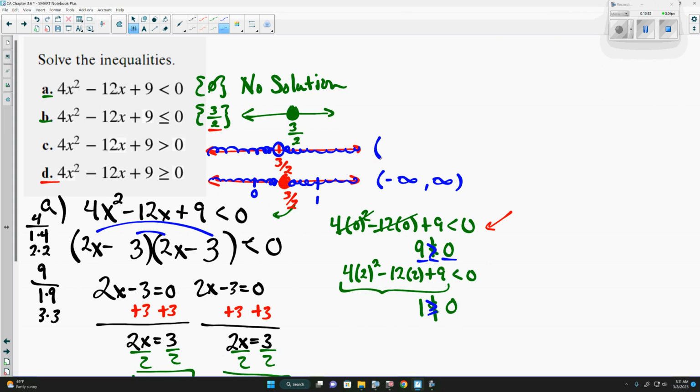Now, in interval notation, we would say negative infinity, comma, 3/2, parentheses. Because this first part is saying everything to the left of the point 3/2. Union, 3/2, comma, infinity.